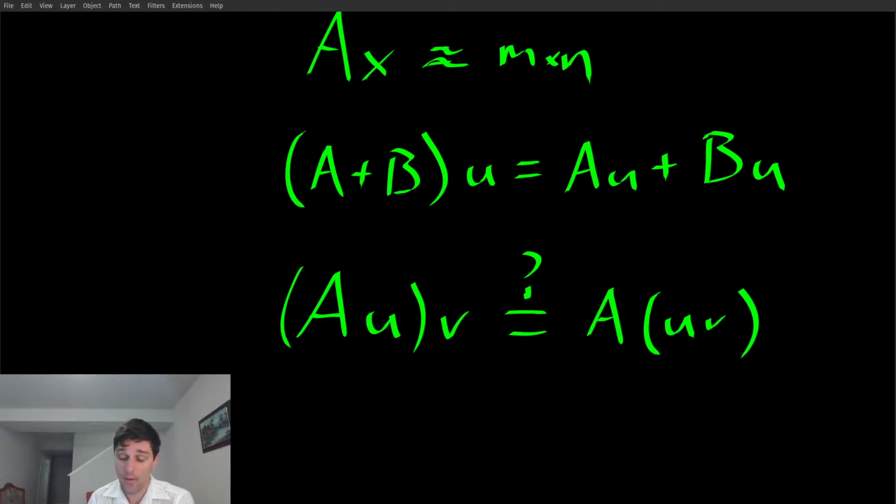Well, alarms should already be going off in your head because we can't do this. We said back when we did vectors, we can't just multiply two vectors together. We can do the inner product of two vectors, but that wouldn't be the same as this at all. In general, this is a big red no. Nope, not allowed.